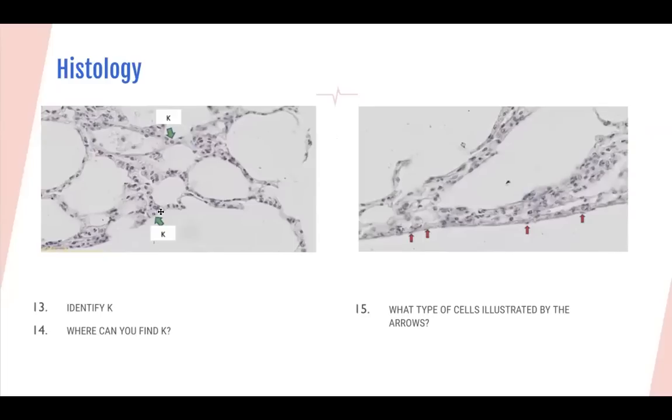Yes, very nice. So where can you find K? Where would you usually find these macrophages? Usually you'll find them in the alveolar septum, so in between the alveoli. You can also see them sometimes lining the alveoli themselves. You can see in this green arrow, between alveoli, it's not lining an alveolus. Here, it could be lining a little bit. Does that make sense?